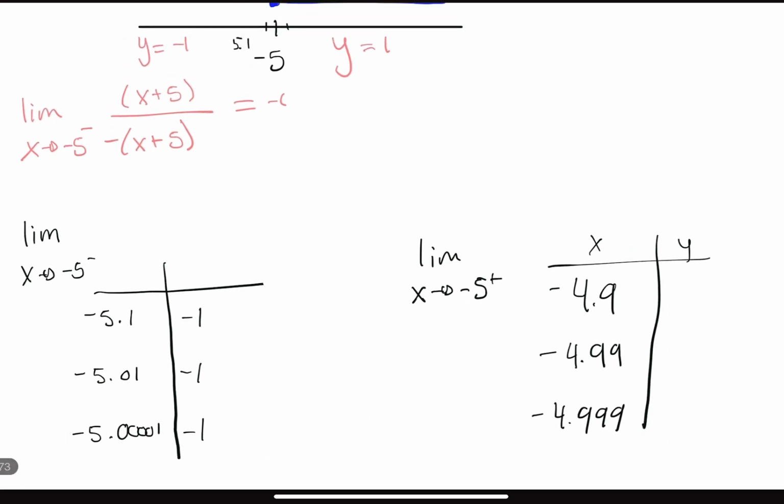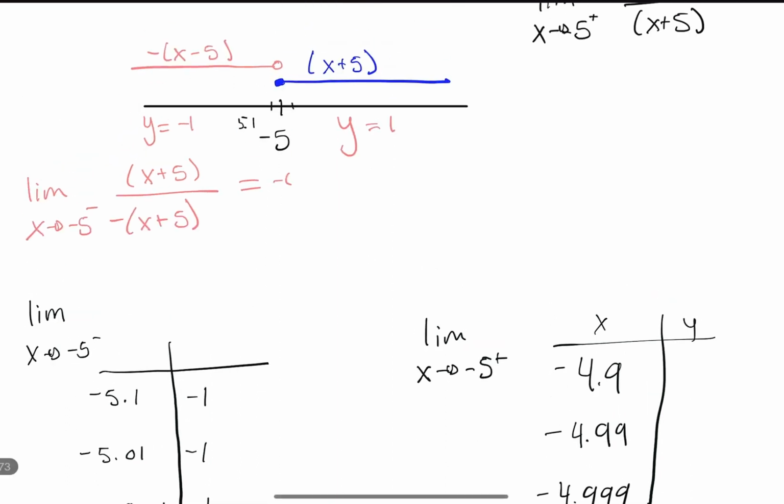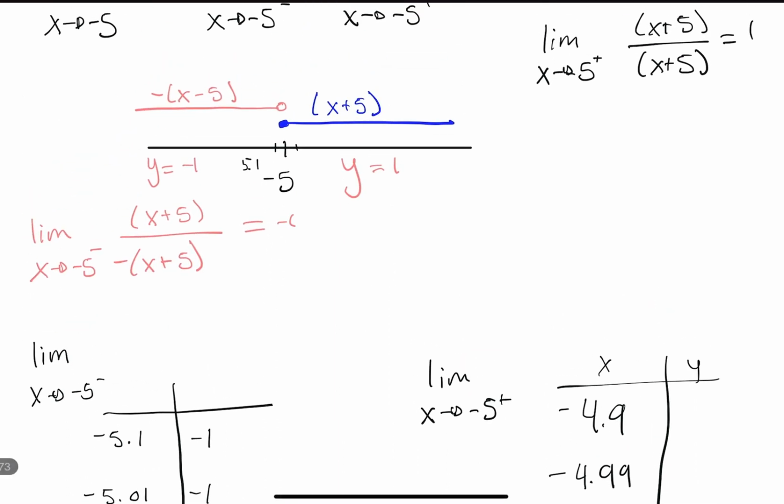So if I were to plug this into my formula, I would have -4.9 plus 5 over -4.9 plus 5. This would be equal to 0.1 over 0.1, which is equal to 1.